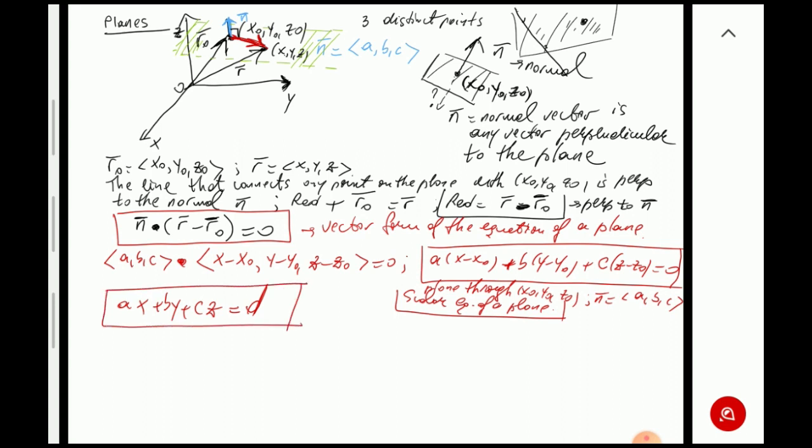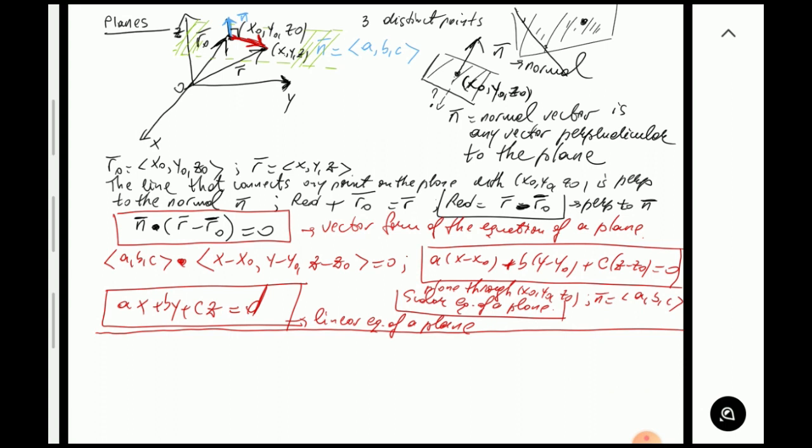Now the advantage of this is it's more compact. This is the linear equation of a plane. But the disadvantage is that you cannot see quickly the starting point that you use on the plane. But if you want to give the last answer as the equation of a plane, typically we leave it in the linear form, this last one, because it is more compact.